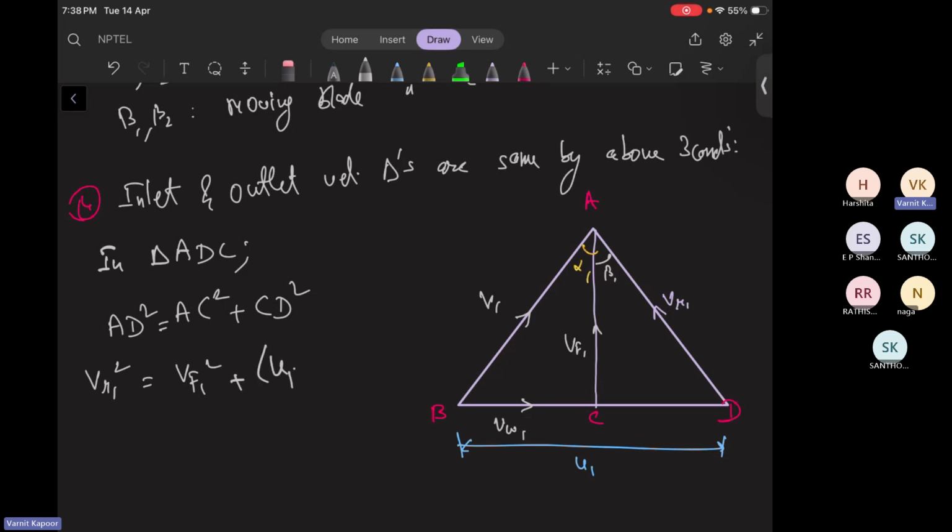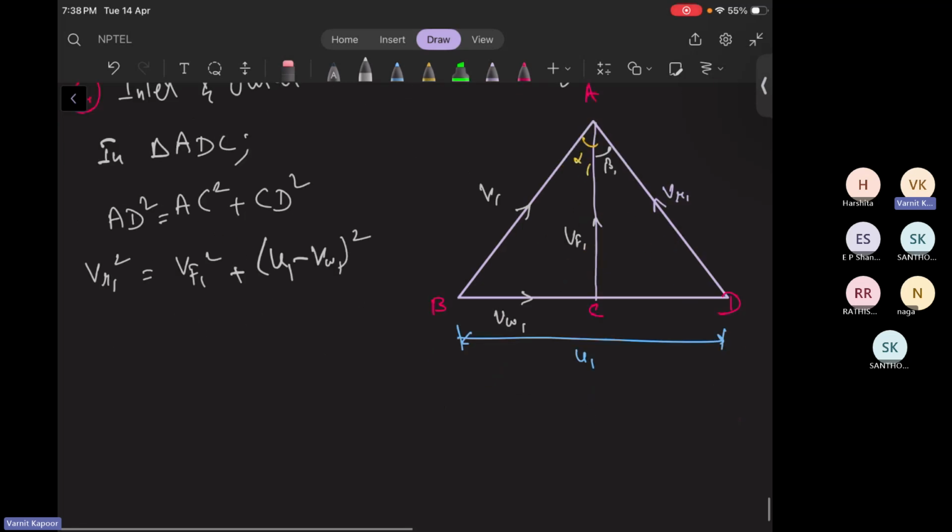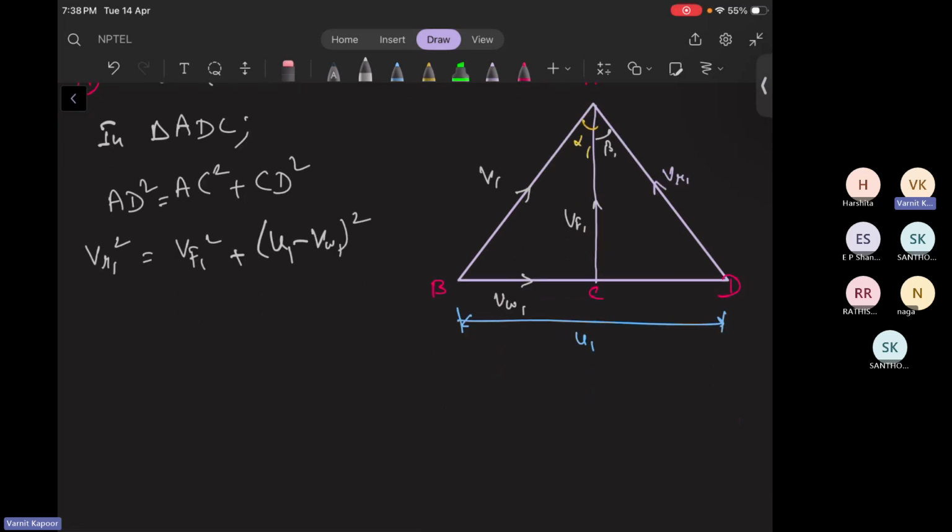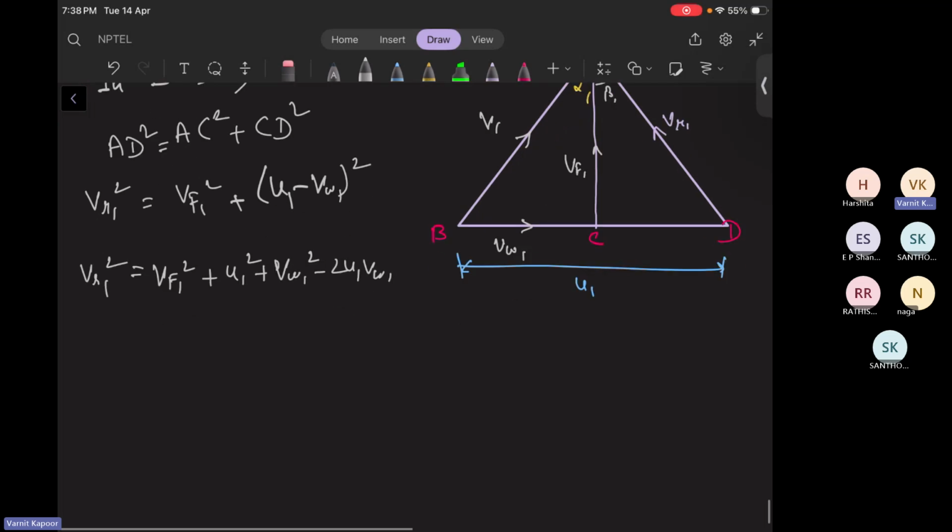So, U1 minus VW1 whole square. Expand it, you will get VF1 square plus U1 square plus VW1 square minus 2 U1 VW1. Okay, this is VR1 square.